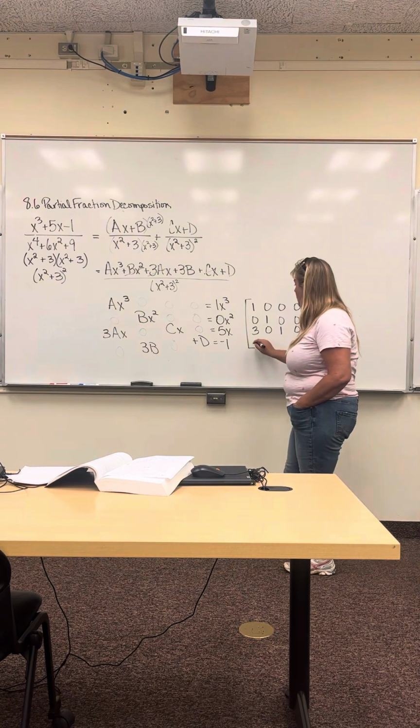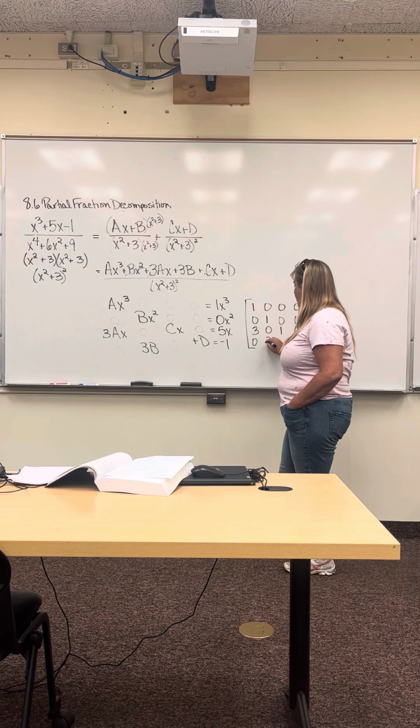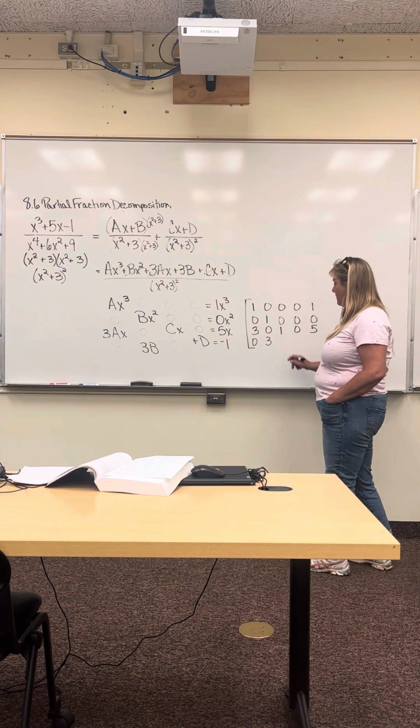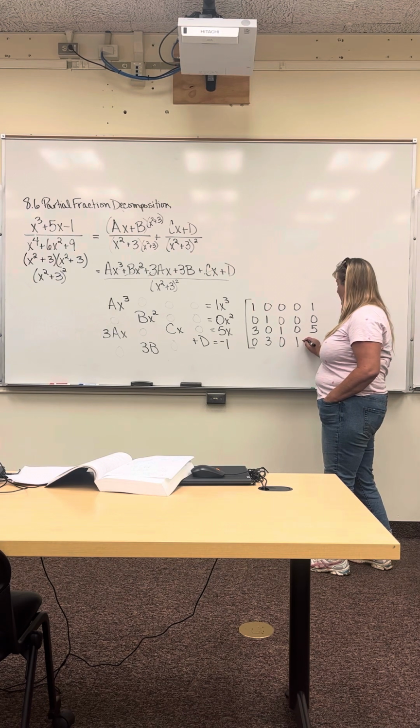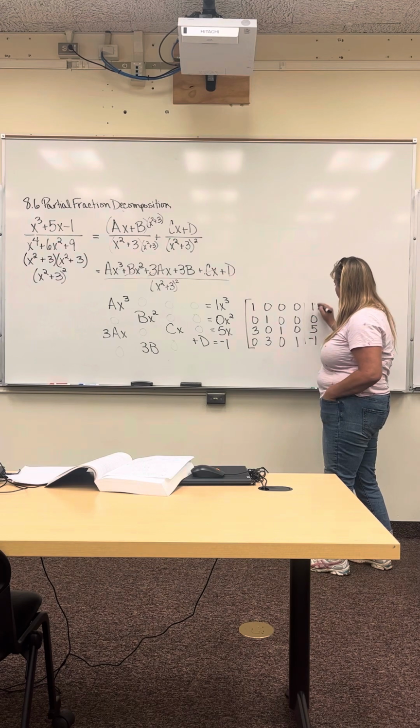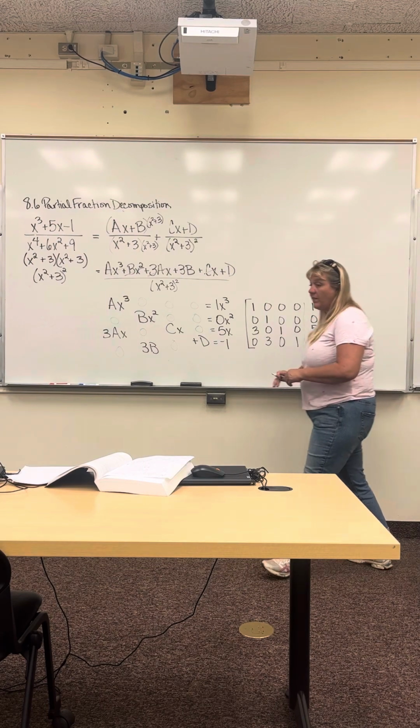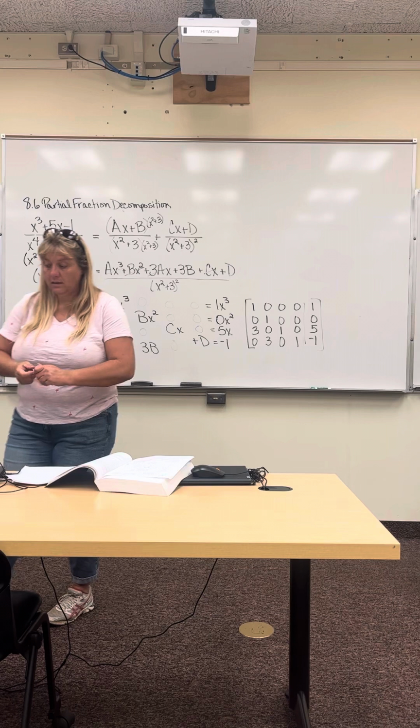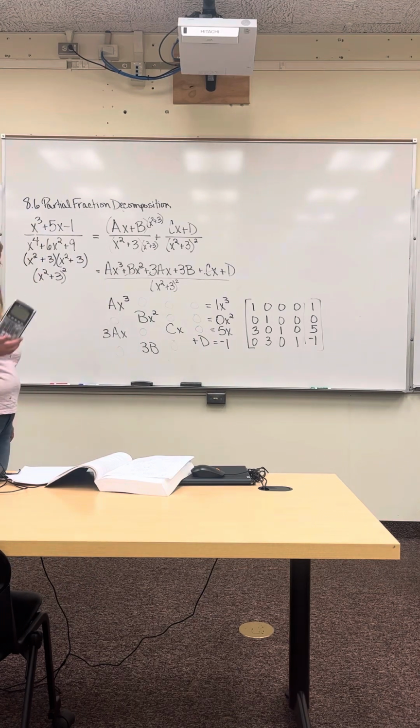And then the last one will be 0, 3 B's, 0, 1D, and -1, there's our little line going in there. Now this is a big matrix that we have, but with our calculator, it will solve it pretty quick.